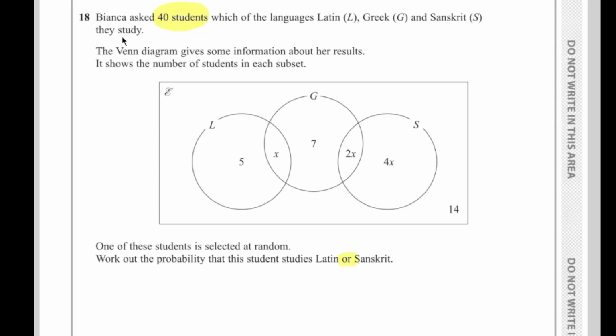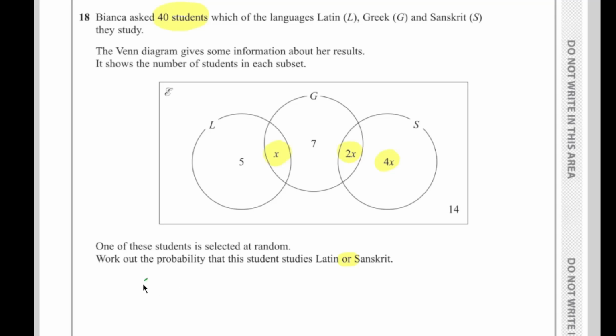So to get the probability, before doing anything else, we need to get the value of x. I know that the total number of students is 40.